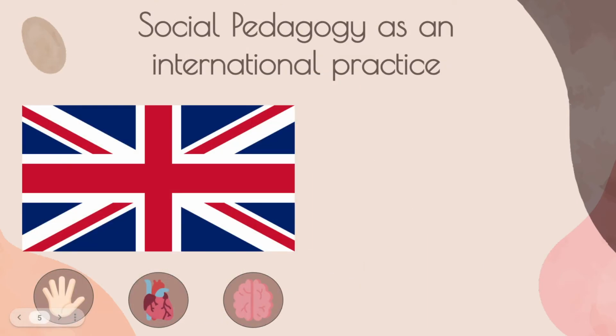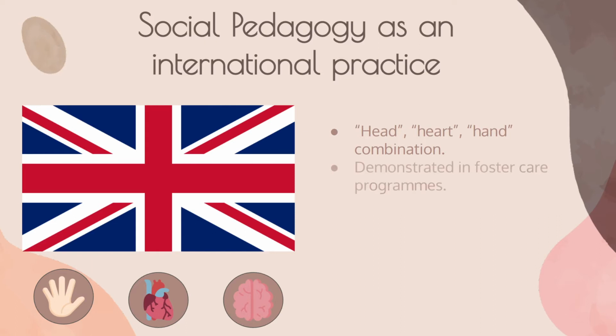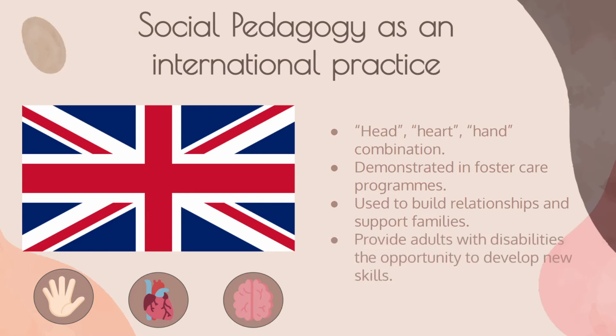However, in the UK, they mainly focus on the ideals of the head, hand, heart concept, which they have demonstrated in many foster care programs. They will use this concept to build relationships and support families who are in need, and create communities for adults with disabilities to express themselves and develop new skills.